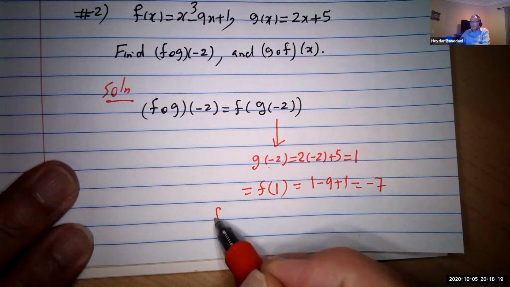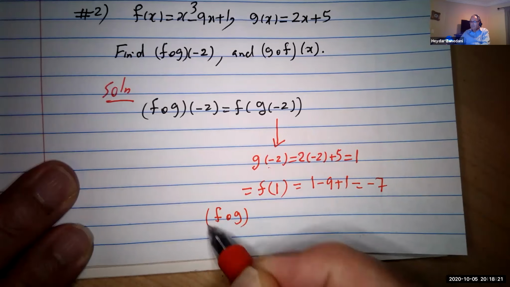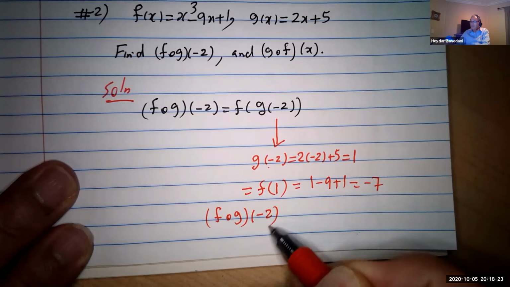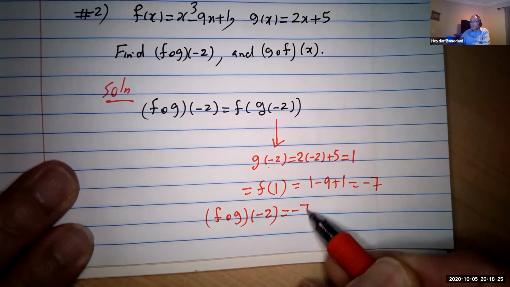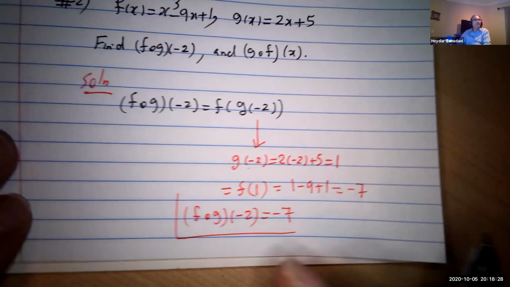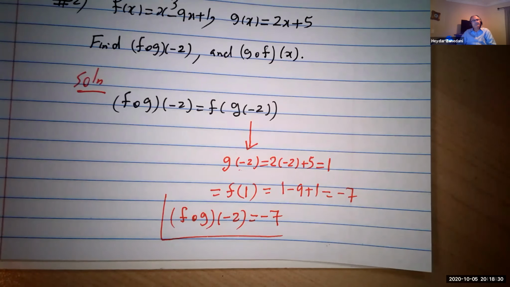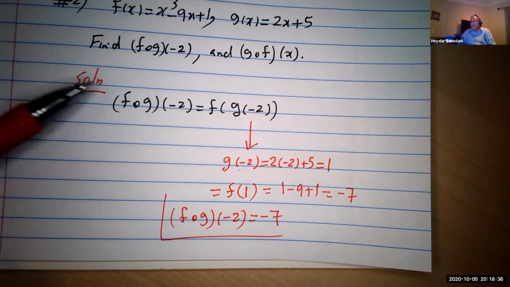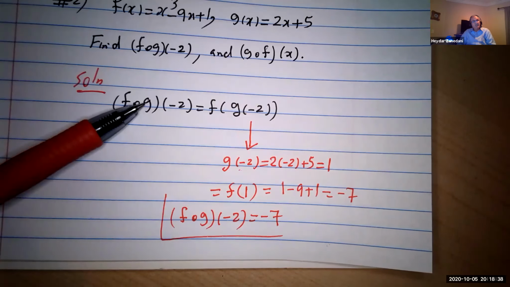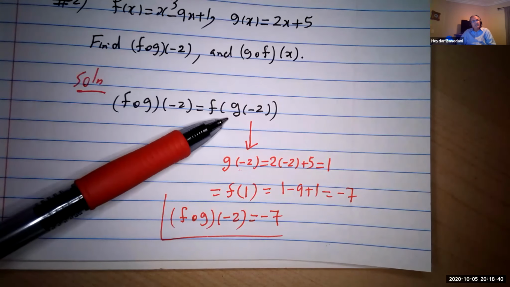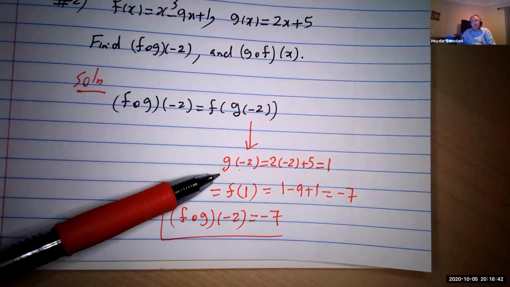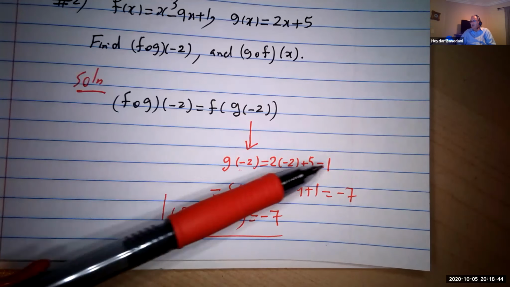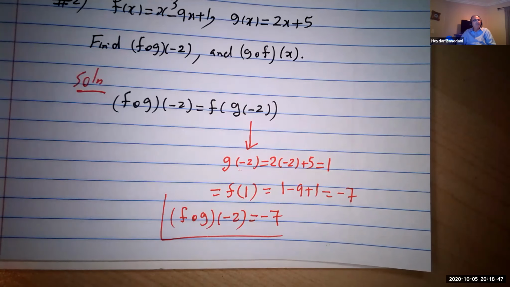So f o g at -2 is equal to -7, and you're done. Any question? So 2 steps, make sure that you follow the proper steps. So g first, the inside function. g of -2 first. So go to the g function, find it. g of -2 would be 1. Come back, f of 1.